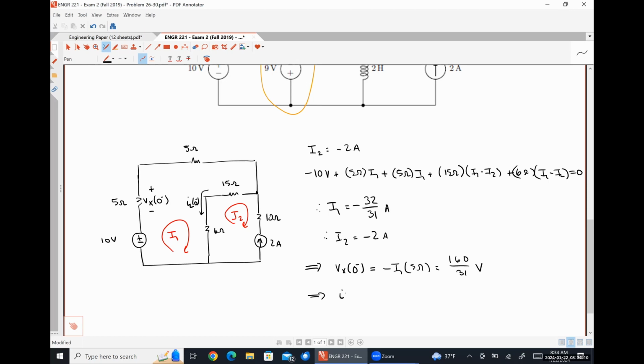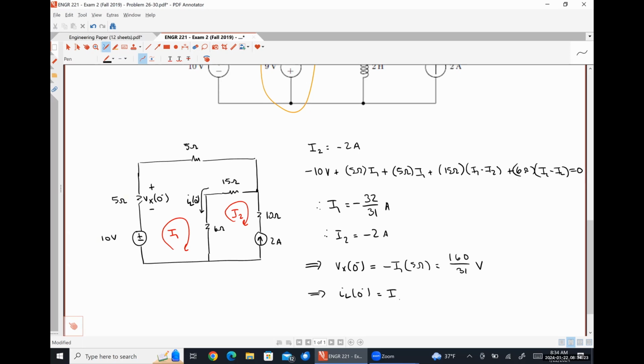And IL at 0 minus would be what? I1 minus I2, which comes out to be positive 30 over 31 amps.